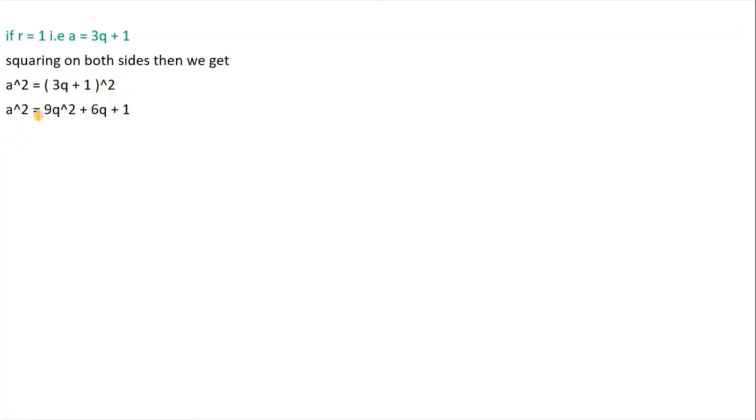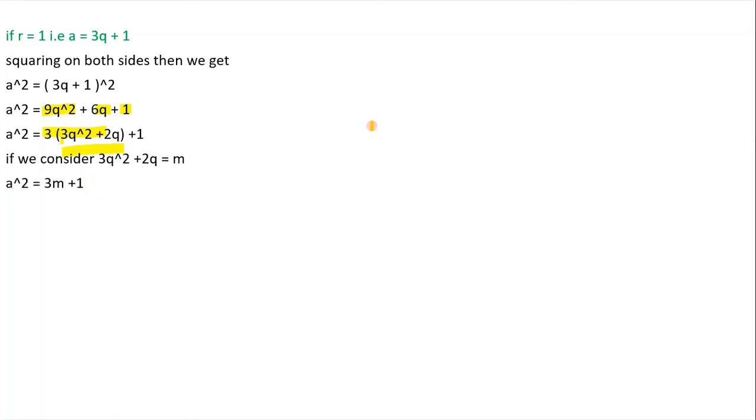That implies a square is equal to 9q square plus 6q plus 1. Again I want to take 3 as common in these two terms. Now it becomes a square is equal to 3 into 3q square plus 2q, plus 1. Now I am treating this 3q square plus 2q as m. Now I get a square is equal to 3 into m plus 1.